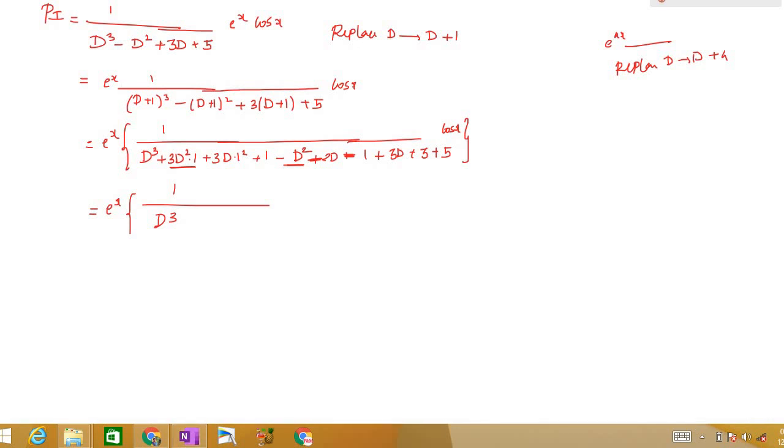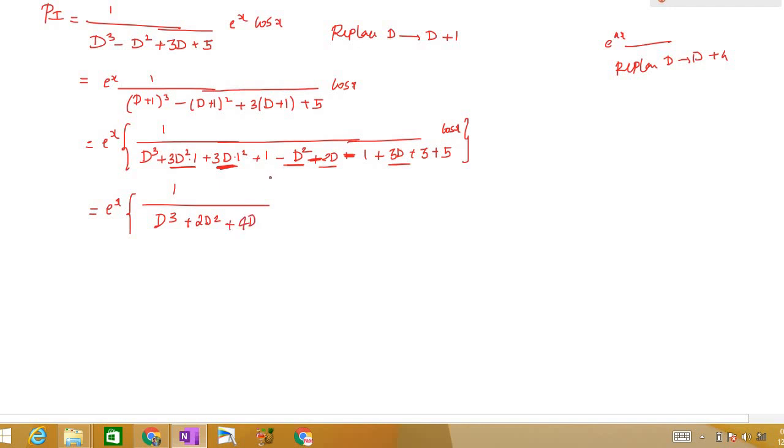So d cube plus 2d square, and if you collect all the d terms, this is one d term, here is one d term, and here is one d term. So 3d minus 2d is d, plus 3d is 4d.